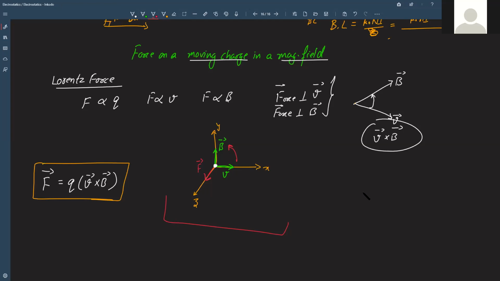So you will observe that your right hand thumb is actually pointing towards you. So that is again the same thing. Either you do using Fleming's left hand rule or you use the right hand thumb rule, thumb and palm rule. It will give you the same result in terms of direction.